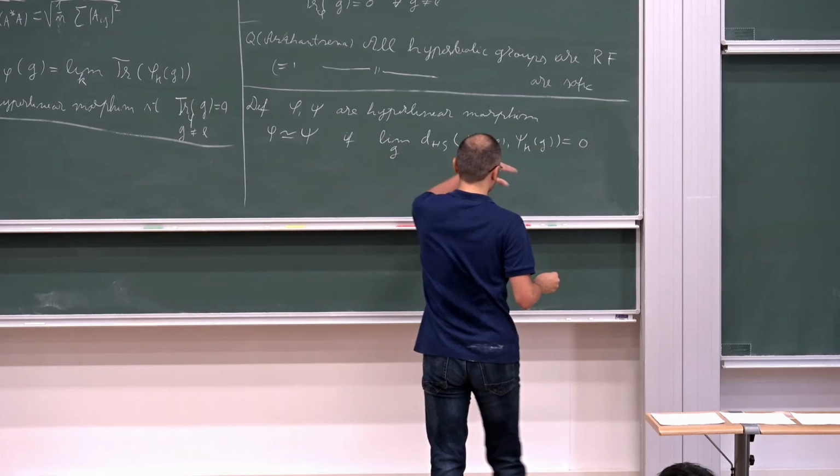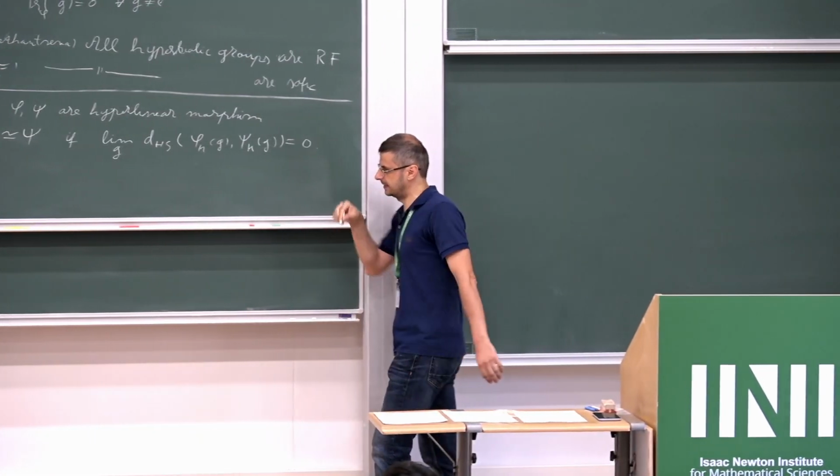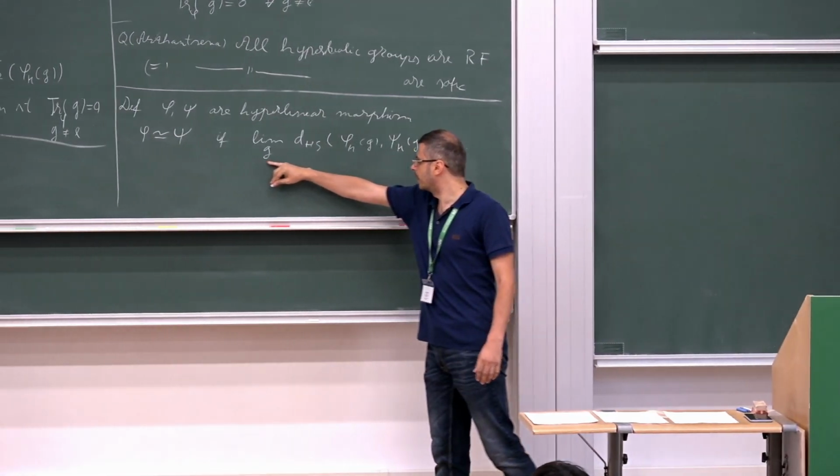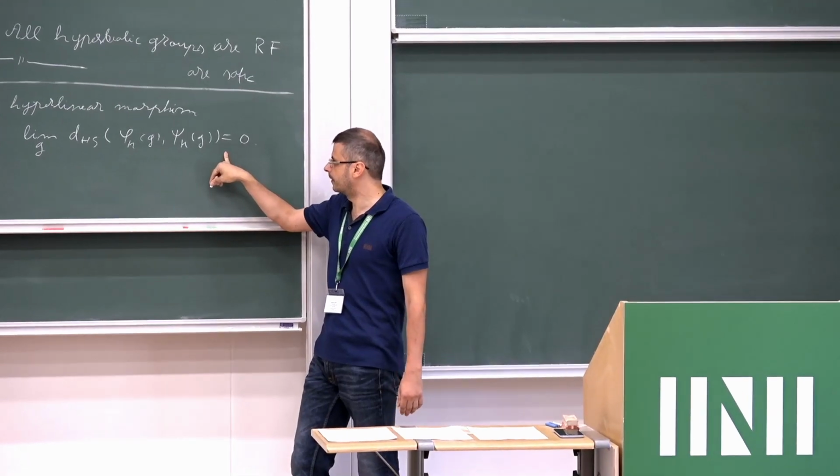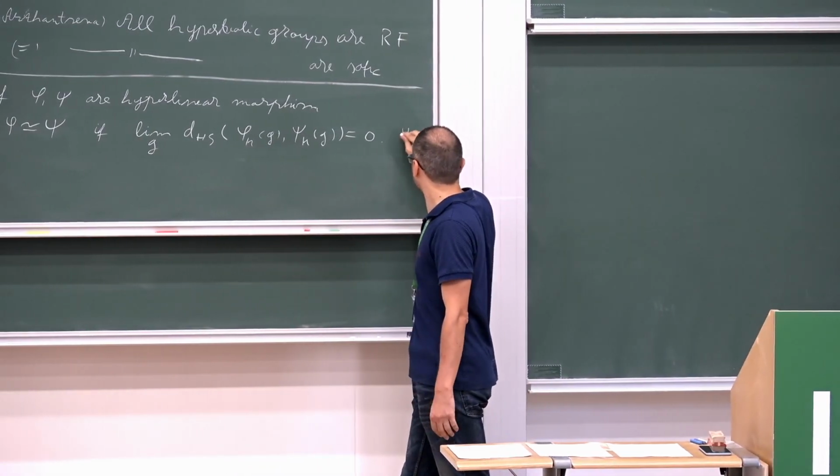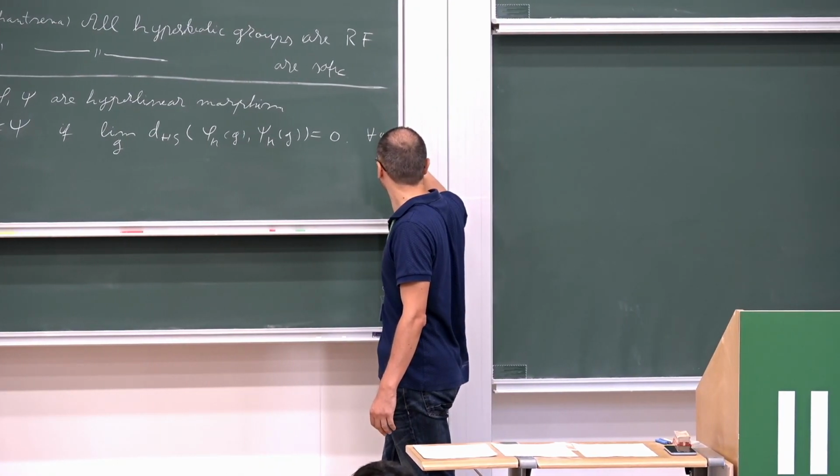So in the limit, it's basically the same matrices that you are using. And again, I'm allowing the speed of convergence to vary if you vary the element in the group.